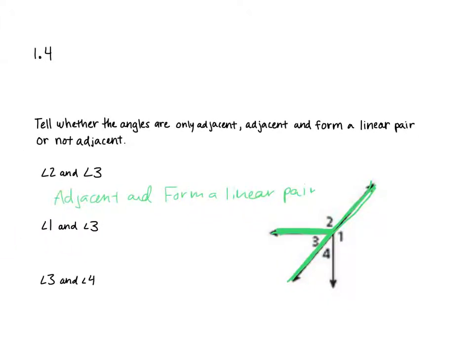What about angle 1 and angle 3? They would be not adjacent because they don't share a side. So these are not adjacent.